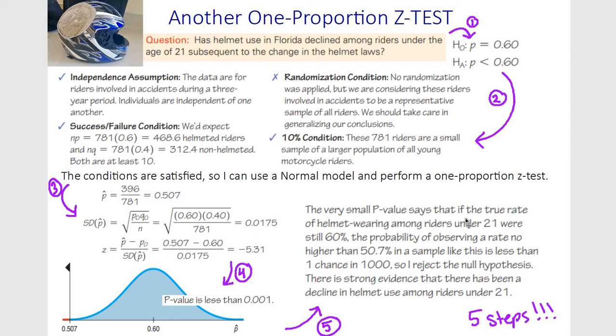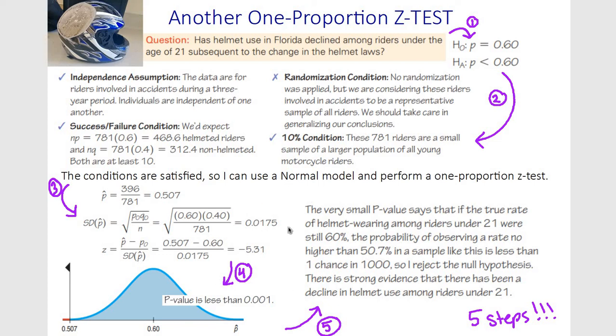The very small p-value says that if the true rate of helmet wearing among riders under 21 were still 60%, the probability of observing a rate no higher than 50% in a sample like this, that probability is less than 1 in 1,000. That's what 0.001 is, 1 in 1,000. So we reject the null hypothesis. There's strong evidence that there has been a decline in helmet use among riders under 21.